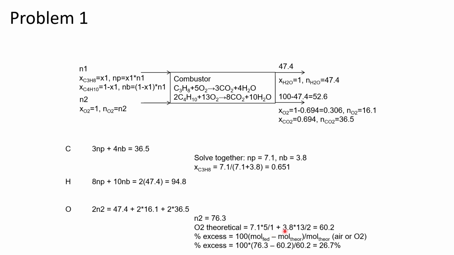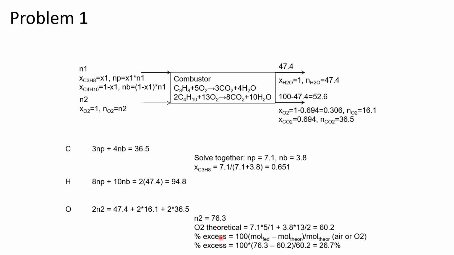We add to it the butane flow rate, which is 3.8, times the amount of oxygen required. We know from the reaction stoichiometry there are 13 oxygen molecules required per 2 butane molecules, so we multiply by 13 over 2, the ratio of stoichiometric coefficients. If we perform the math shown here, we find that the theoretical oxygen is 60.2.